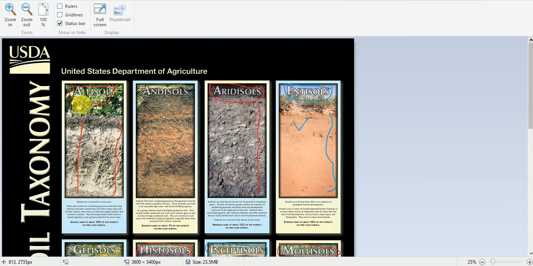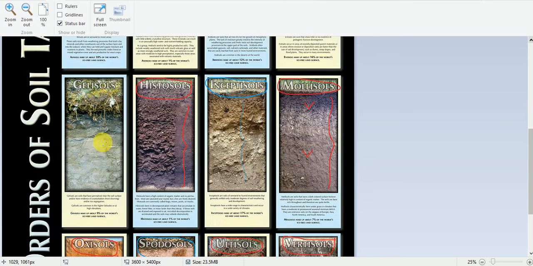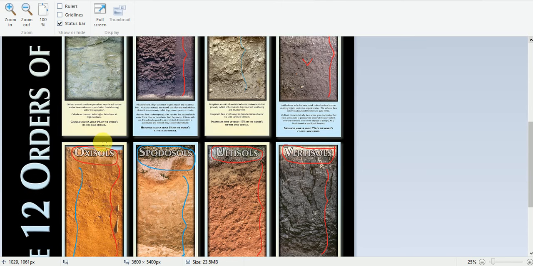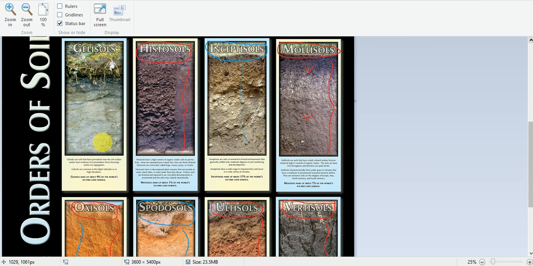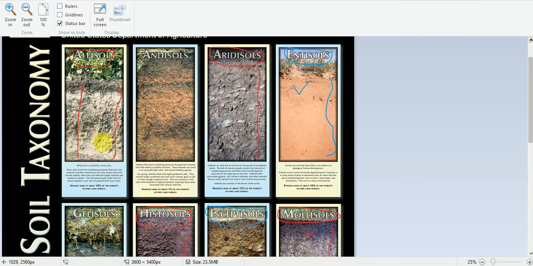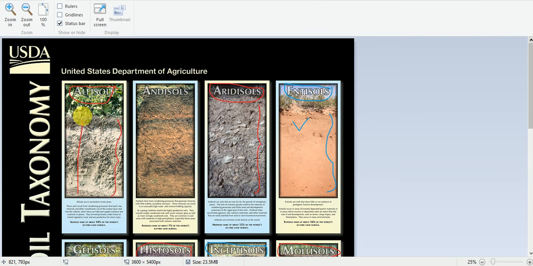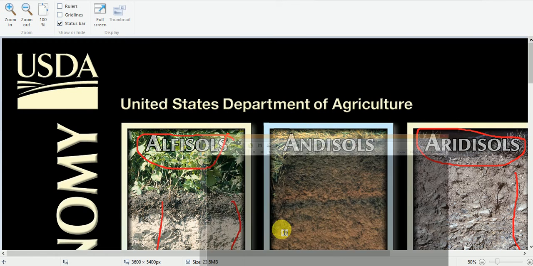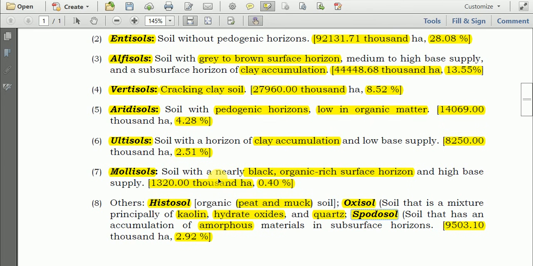According to this USDA soil taxonomy, we have 12 orders of soil, 12 types of soils, and out of these, the ICAR has identified the types of soils mentioned here for India.